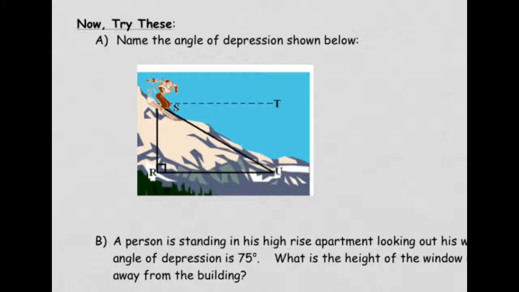Okay. Well, hopefully you tried to name it. Remember, it's from the horizontal line to the line of sight. And so it's this angle right there. And the name of that angle is TSU.